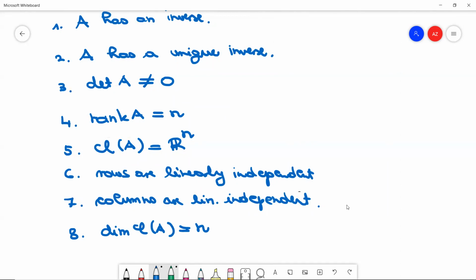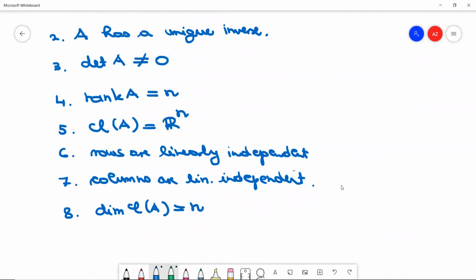What can we say about the eigenvalues of A? Yes, eigenvalues of A are all non-zero.